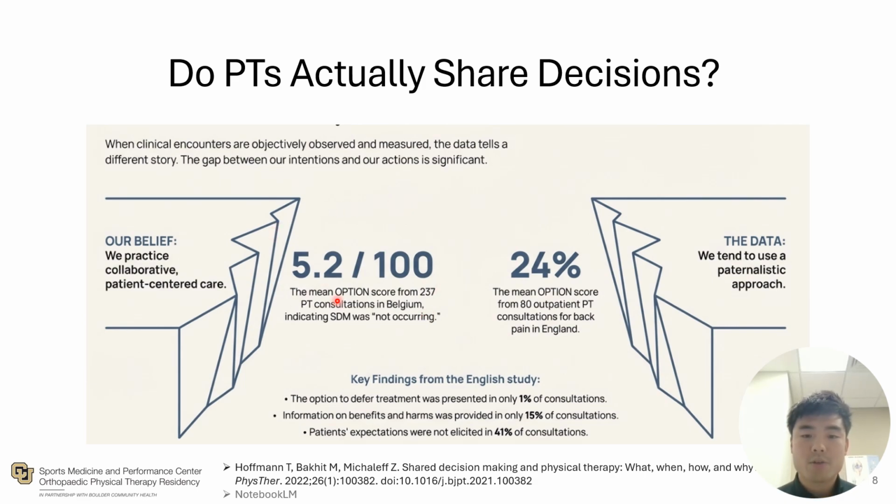PTs on average are scoring about 5.2 in this study in Belgium. And again, this is another study in outpatient PTs back in England, but again, we're still scoring pretty low when it comes to these validated outcome measures on assessing shared decision making within PT clinical practice.